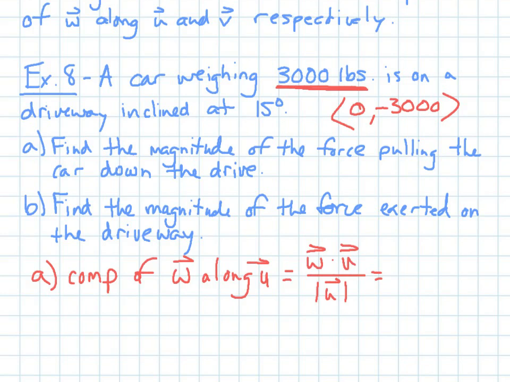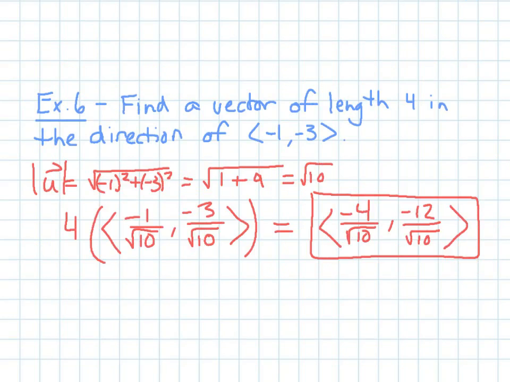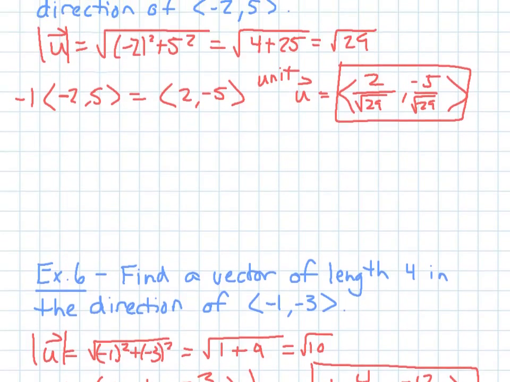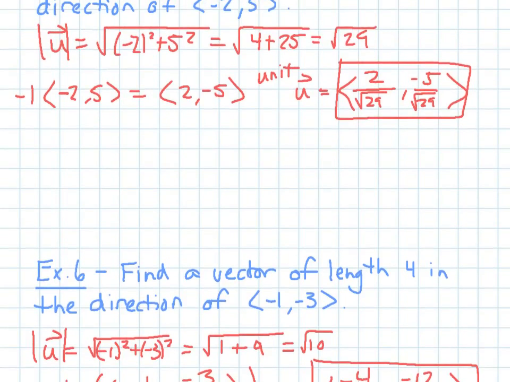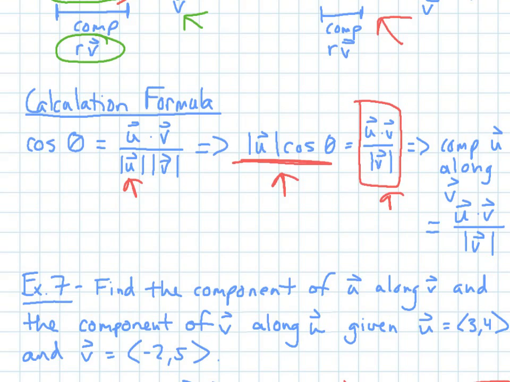Now, remember, go back to our earlier thing when we were looking at our calculations. Oh, yeah, right here. Okay, so notice that these two things are equal to one another.